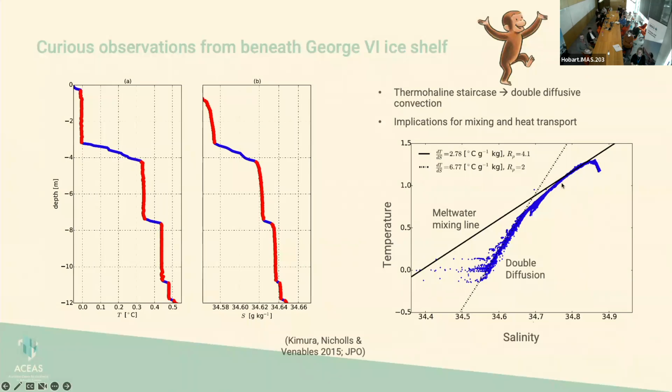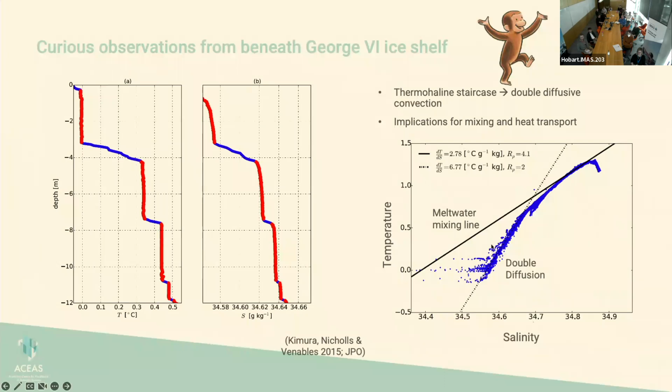So this is a line where you put some water underneath an ice shelf and you do a bunch of melting and you mix in the meltwater, and the properties evolve along that line in temperature and salinity space. So that's a neat way to visualize the effects of meltwater beneath ice shelves.